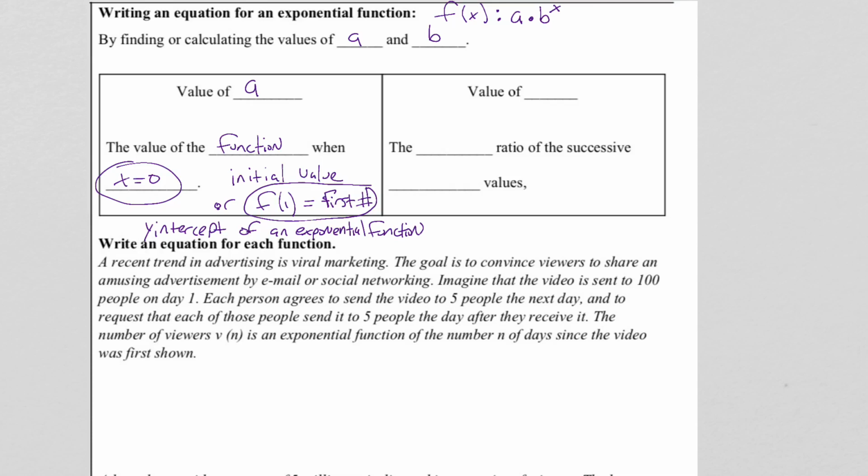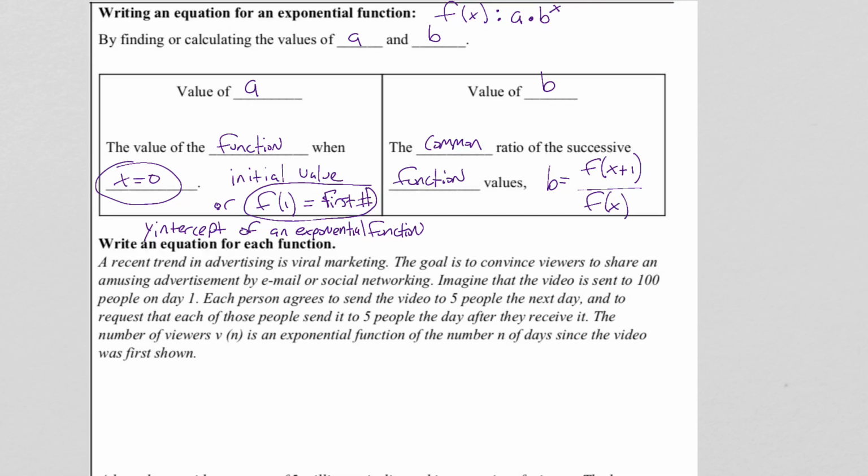And the value of b is the common ratio, something that does carry over from sequences. The common ratio of the successive function values. So b is always equal to basically f of x plus 1 divided by f of x.